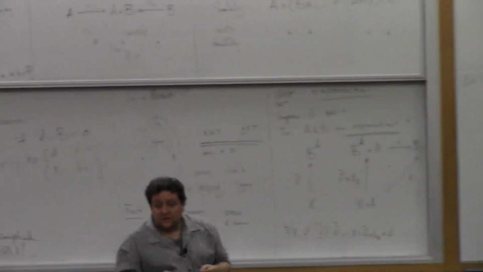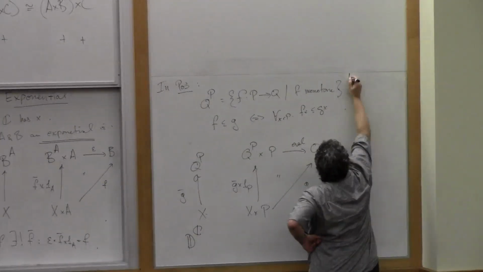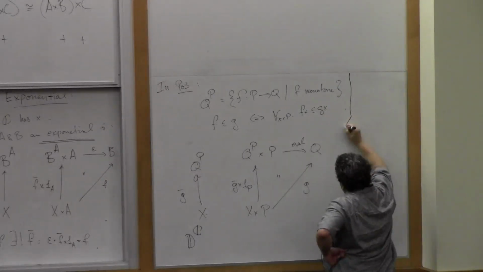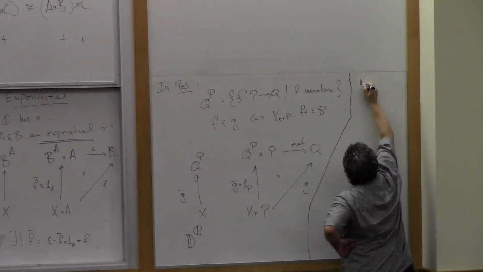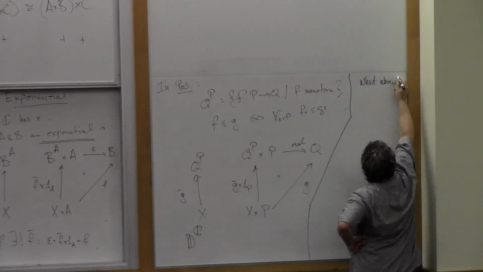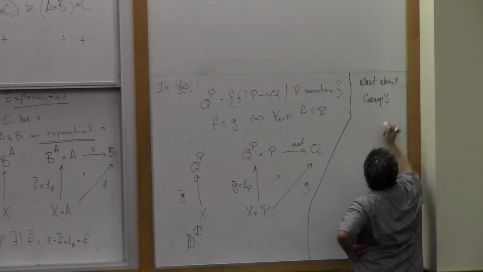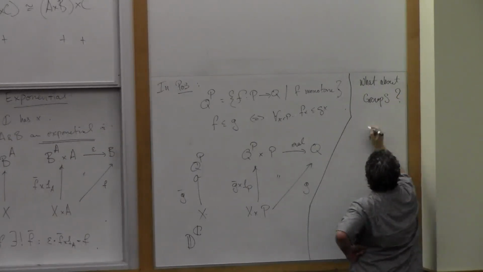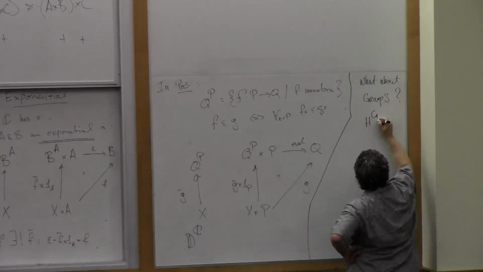How about, oh, there's a homework exercise that I want to mention. I don't know if you can do it or not, but you might be able to do it, so it's worth a try. What about groups? Could you make an exponential of two groups, H to the G?